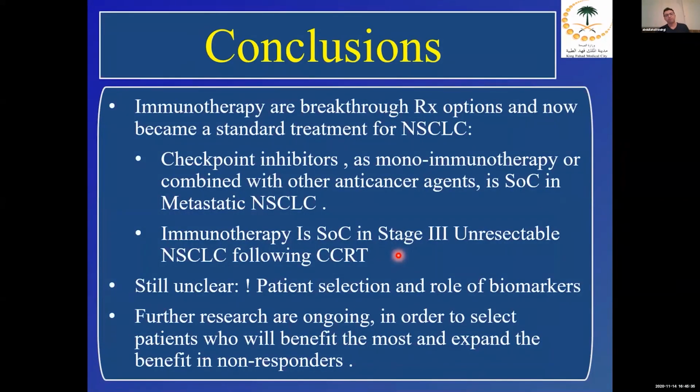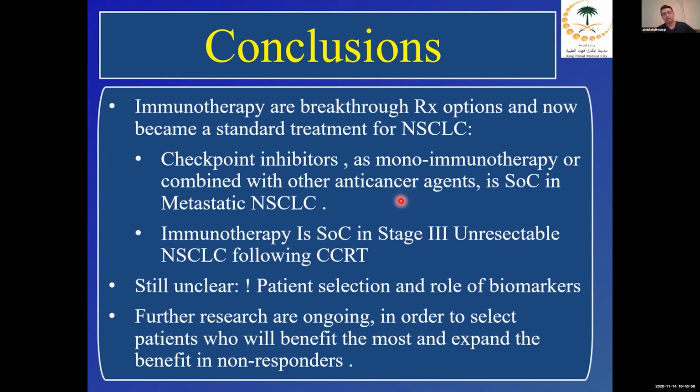So in conclusion, I think immunotherapy is one of the important breakthroughs that we have in non-small cell lung cancer. It has really made it to the standard of care in advanced stage 4 metastatic non-small cell lung cancer, either as a monotherapy or in combination with other anti-cancer agents, which could be chemotherapy or dual checkpoint inhibitors.